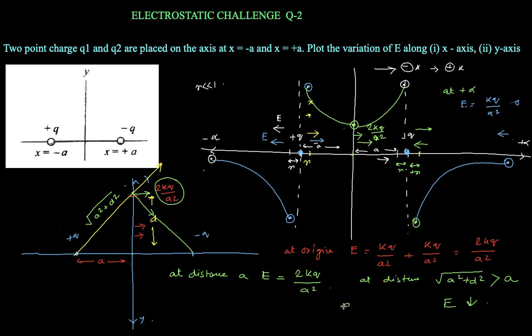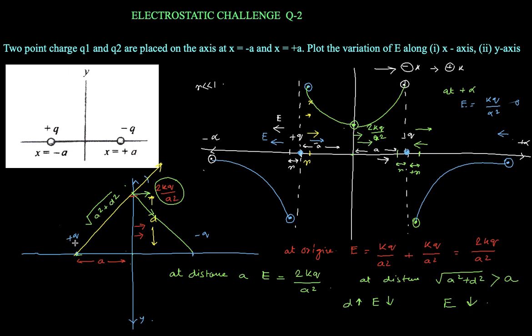As distance increases, the electric field decreases. At distance a, the electric field is 2kq by a square, and the direction of the electric field is positive. As the square root of a square plus d square is larger than a, the electric field obviously decreases.